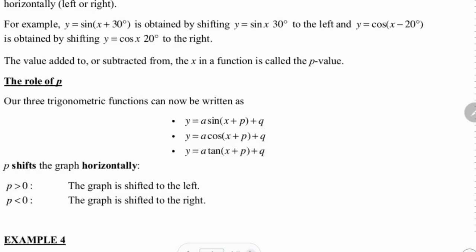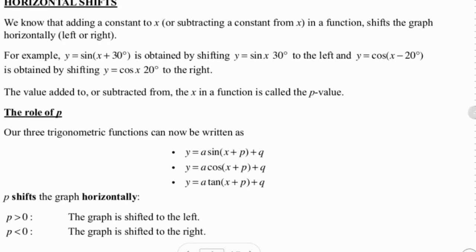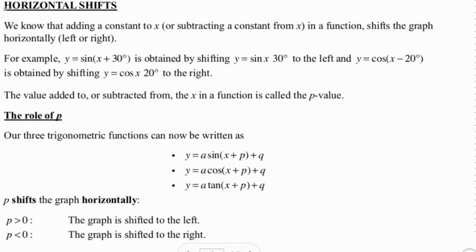With a horizontal shift, it's a movement of the graph either to the left-hand side or to the right-hand side. We get a function like this one. Notice that the whole angle is x plus 30.